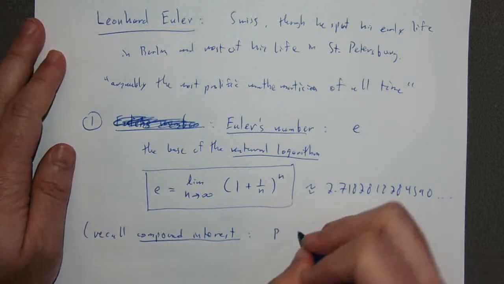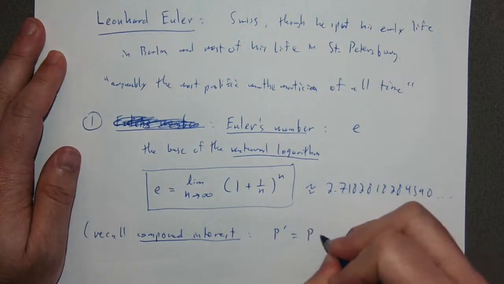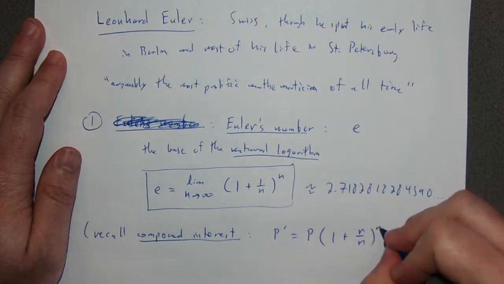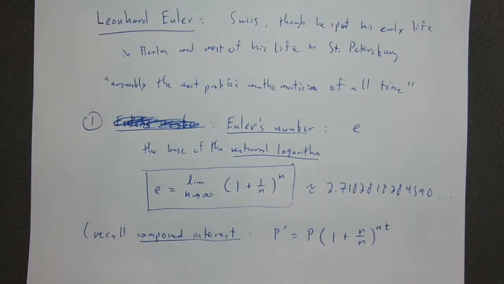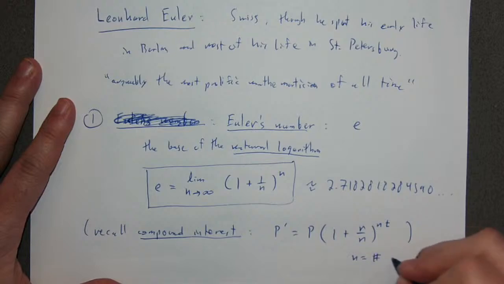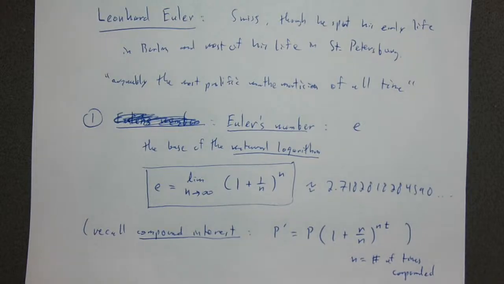This rate of change, that I can view as a derivative, is P times (1 plus r over n) to the n times t, where n is the number of times that you are compounding. For instance, if you're compounding monthly, yearly, or weekly, then n changes depending on your time scale. So this is the number of times that you are compounding.